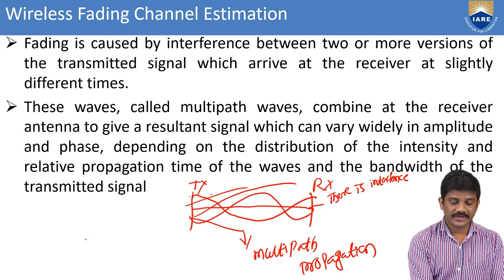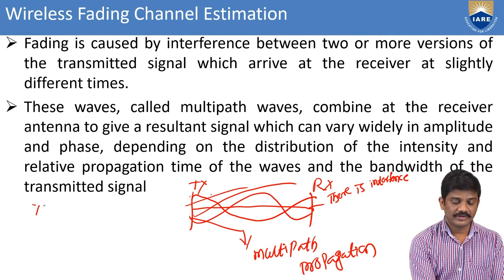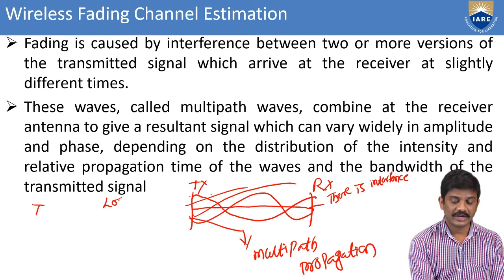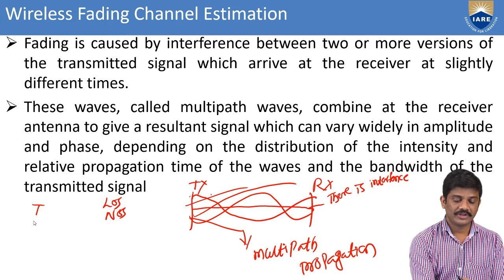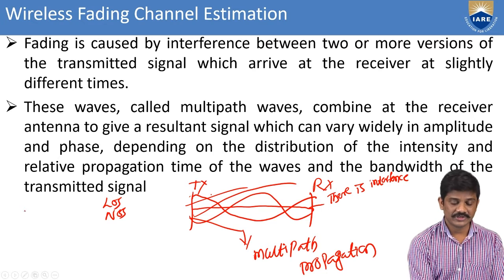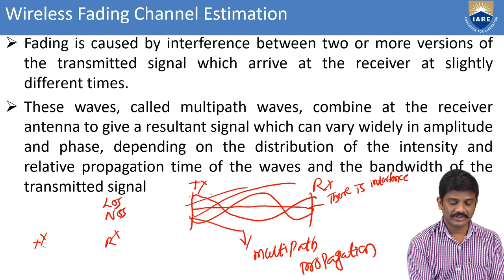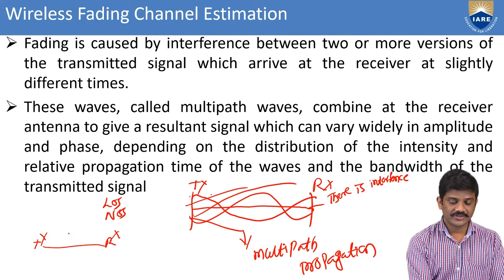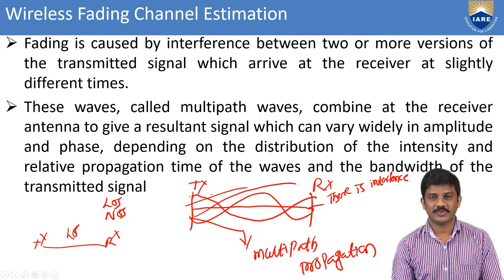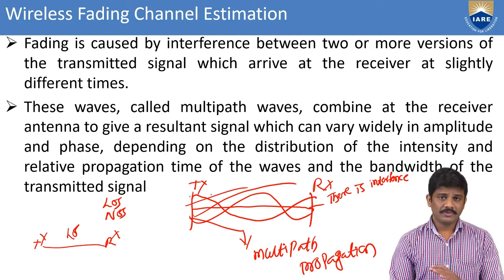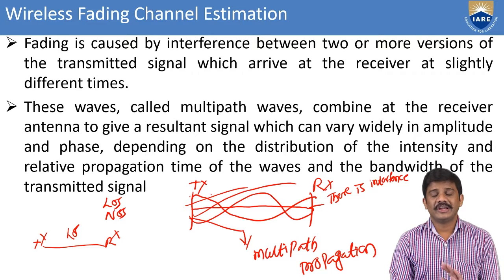Sometimes between the transmitter and receiver, you will have line of sight and non-line of sight. The signal passes like this. This is called line of sight, because between the transmitter and receiver we don't have any obstacles, such as hills or mountains.